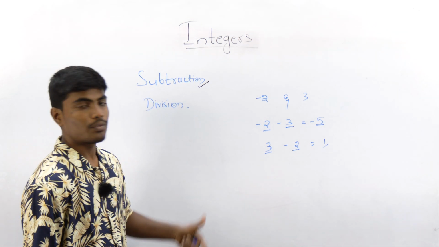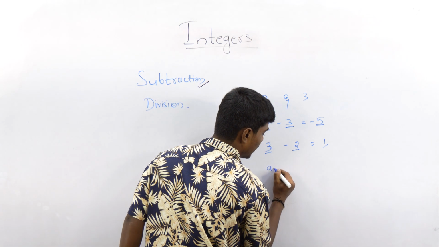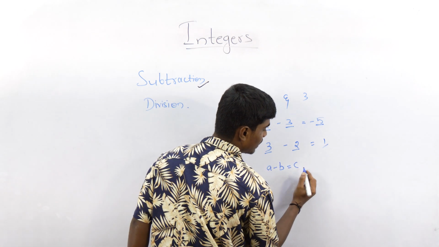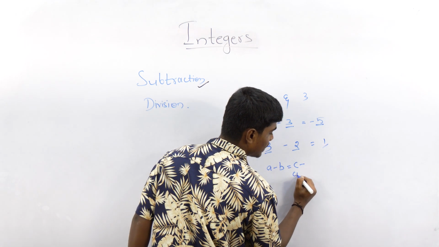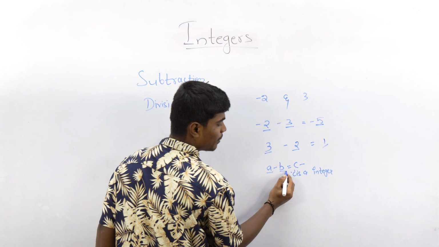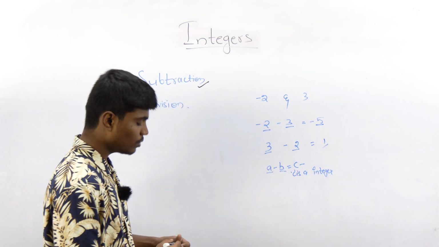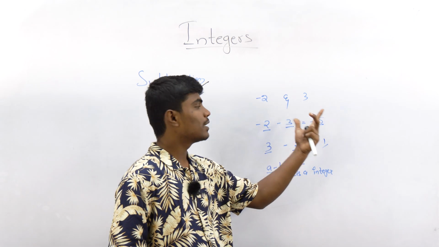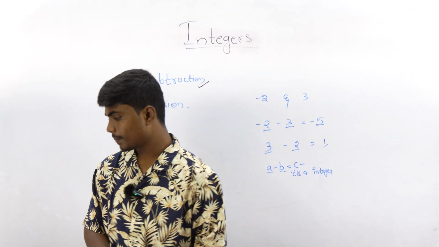So for a minus b is equal to c, c is an integer. Here a and b are also integers. So subtraction of two integers results in an integer.